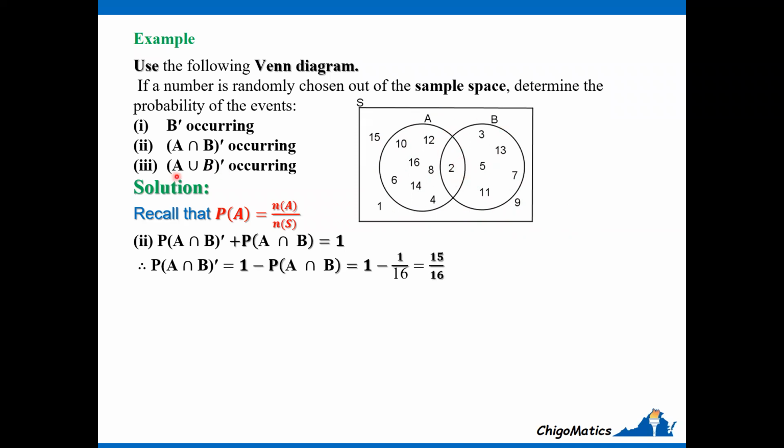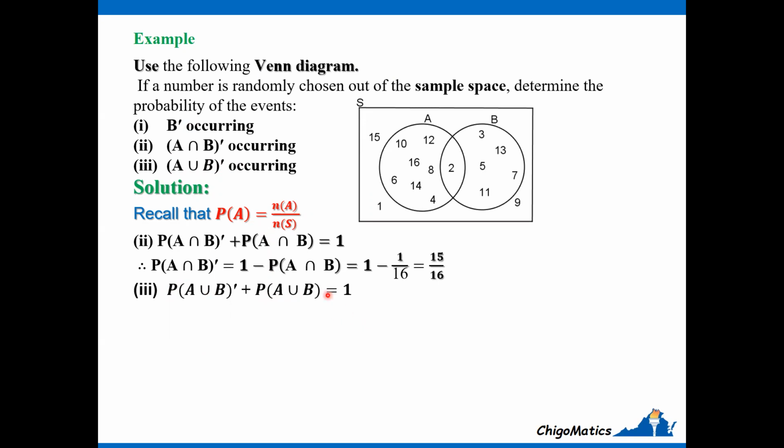So as such, what it means is the probability of A union B complement plus the probability of the union, right? So this is what it means: the probability of the union complement plus the probability of the union on this one is equal to 1.